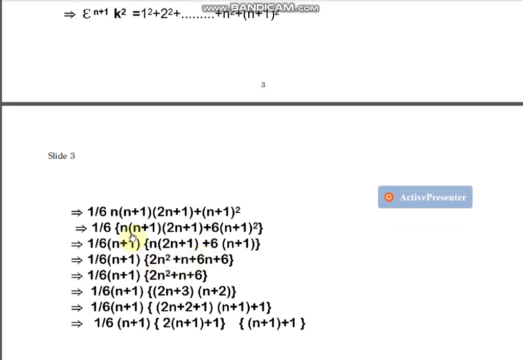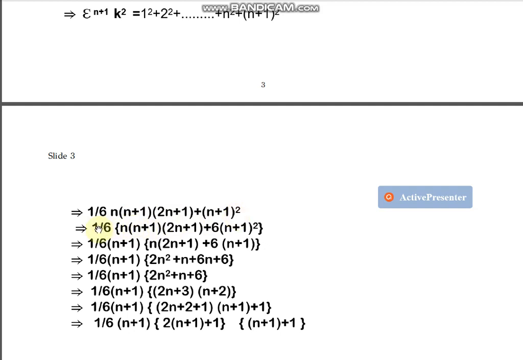As you can see, I've now established 1 over 6 n(n plus 1)(2n plus 1). Of course I told you that we also need to prove it for n plus 1. So we are going to do all this, then plus n plus 1, then remember to place the square.